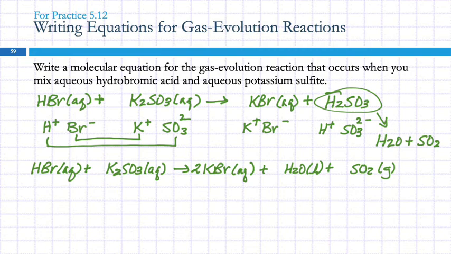So I'm going to put 2 bromines over here, 2 HBr. And let's look at sulfur. There's 1 sulfur and 1 sulfur. And oxygens, 3 oxygens, 2 plus 1, 3 oxygens.